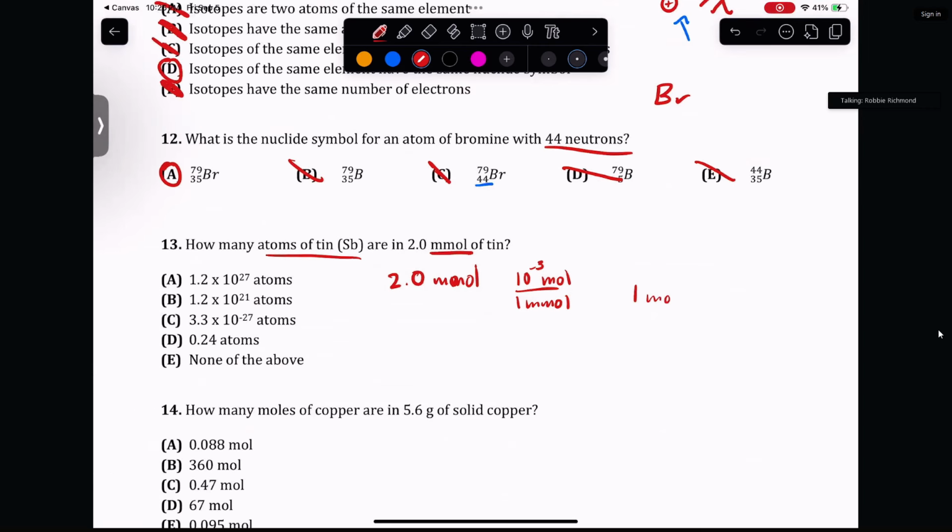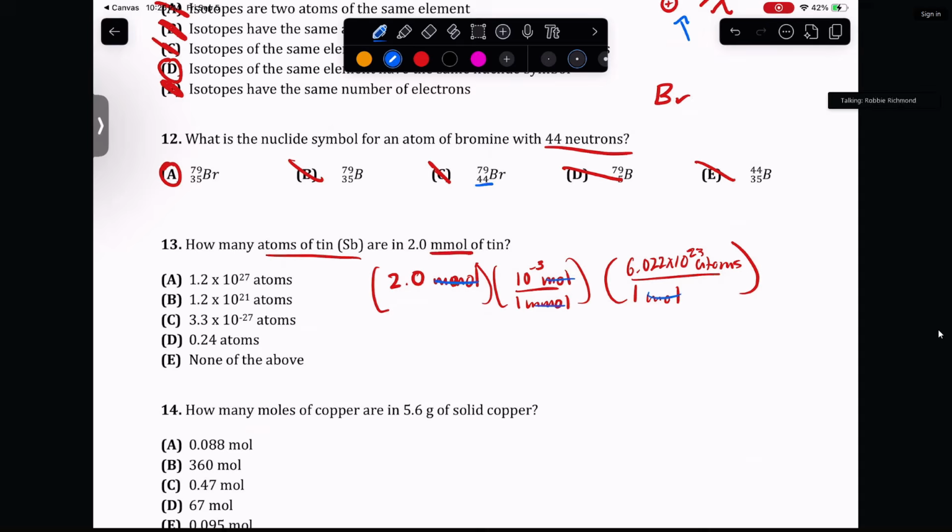Definition of a mole is 6.022 times 10 to the 23rd. Everything cancels out, millimoles, millimoles, moles, moles, all into atoms. So 2 times 10 to the negative 3rd times Avogadro's number should be our answer.